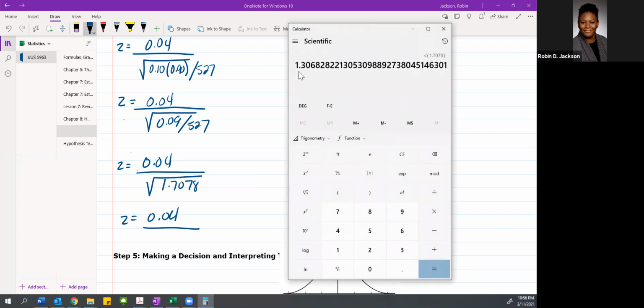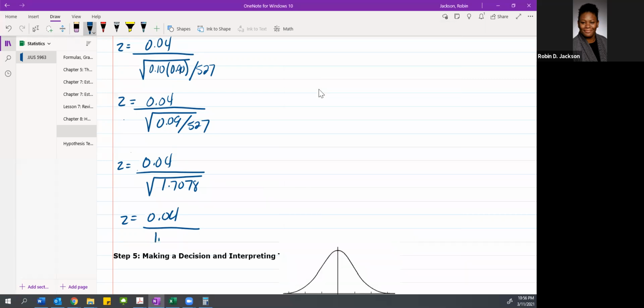That's going to be 1.3068. Because remember, I'm going out to the fourth number. And the number after that 8, which is my fourth one, is a 2. So I don't need to round up. So 1.3068. Okay. I'm just going to go horizontal at this point.